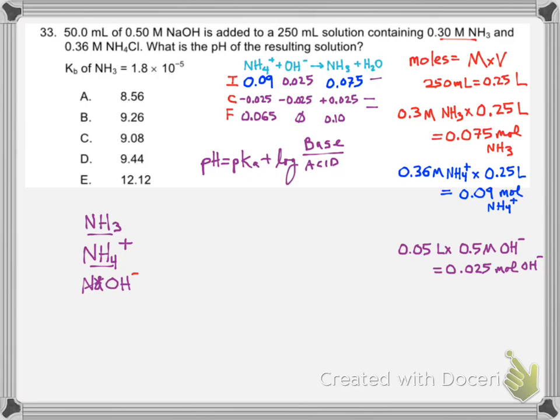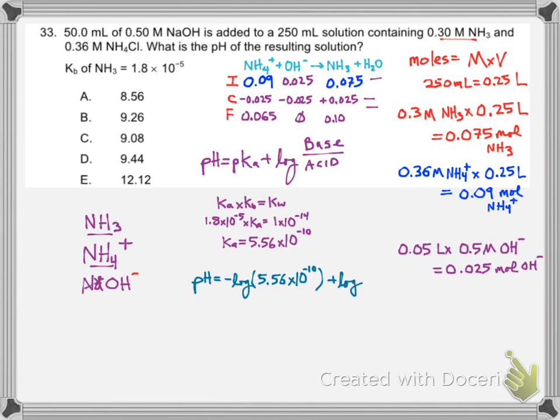Cool. So we can find the pKa. Let's solve for Ka. So we can use Ka times Kb equals Kw. When we do, we'll end up getting that Ka is equal to 5.56 times 10 to the negative 10th. Okay, now let's plug everything into Henderson-Hasselbalch and see what we get.